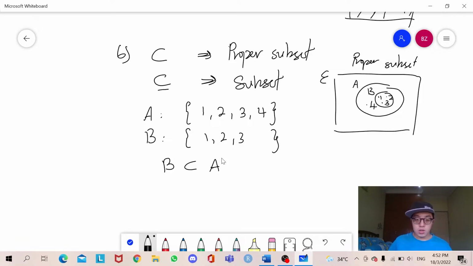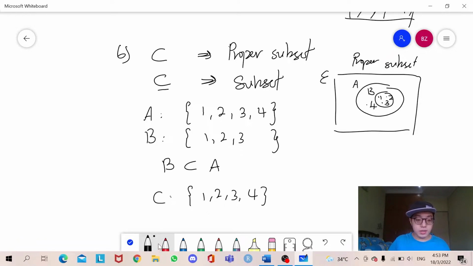So what about subset? Subset, as you can see, is almost the same as proper subset, except there's a little underscore here. This actually means, let's not take B, let's take C. Now C is given 1, 2, 3, and 4.